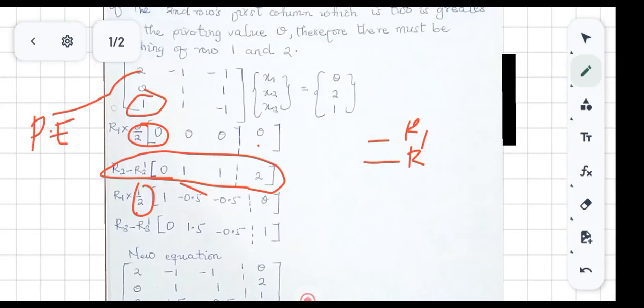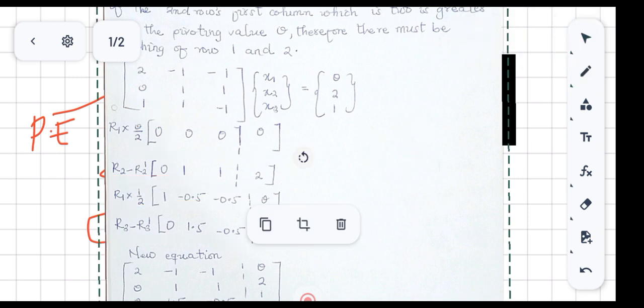So that is what will help you to convert 1 to 0. So you divide 1 by 2, then you multiply it by row 1. When you do that and you subtract row 2 from it, you are going to get this value, right?